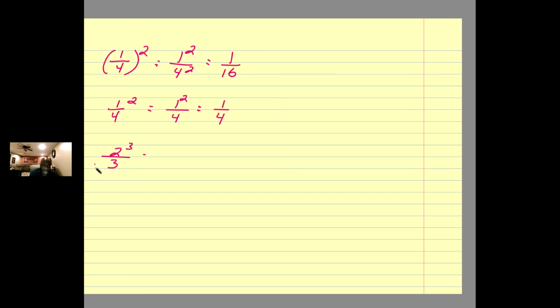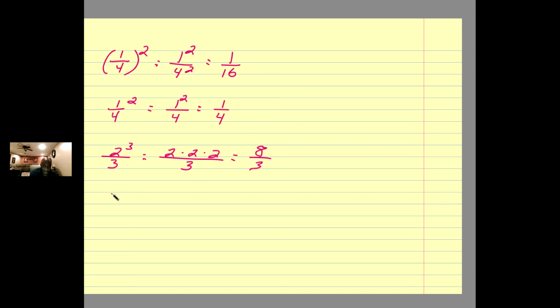I would have to have parentheses around the whole thing to apply the 3 to the numerator and denominator. So the way it's written right now, if I expanded it, this would be 2 times 2 times 2 all over 3. Okay? So that would be 8 over 3.